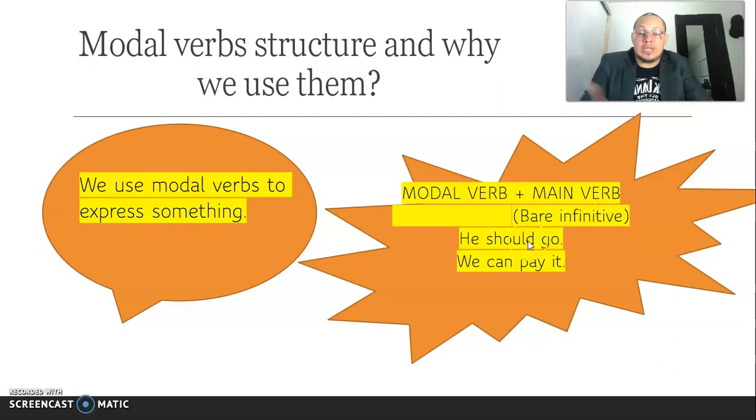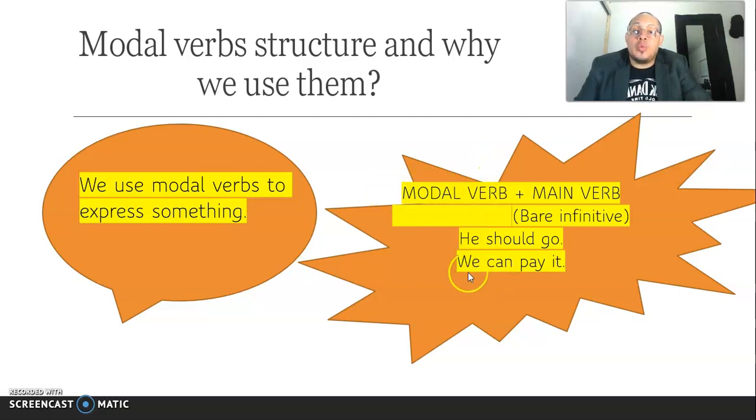Let's check these two examples below. Subject plus modal verb plus go. So, he should go. In this case, he is the subject, should is the modal verb, and go is the verb in the infinitive. Let's try another example just in case. We can pay it.